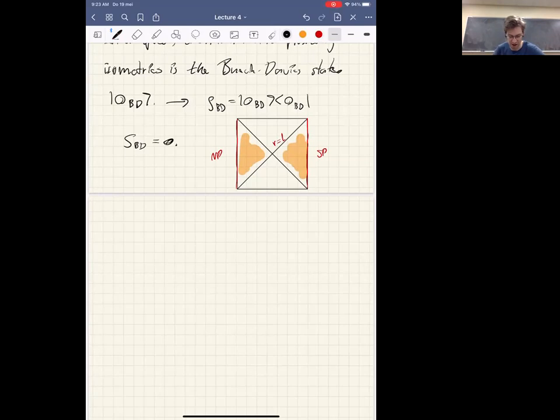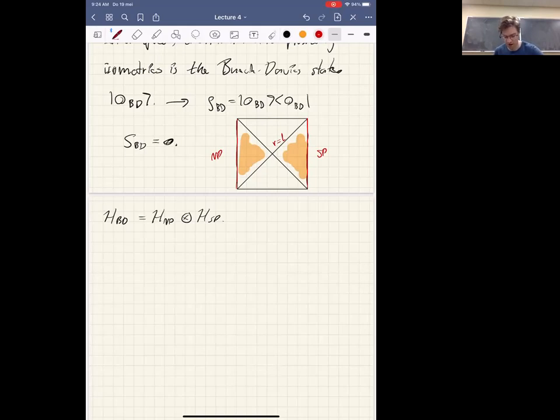In particular, it's natural to expect that when we take the Hilbert space of the total spacetime, it naturally separates into these two North Pole and South Pole regions. And this is something that we'll assume is true. Okay, so now we have this natural separation of the two static patches.